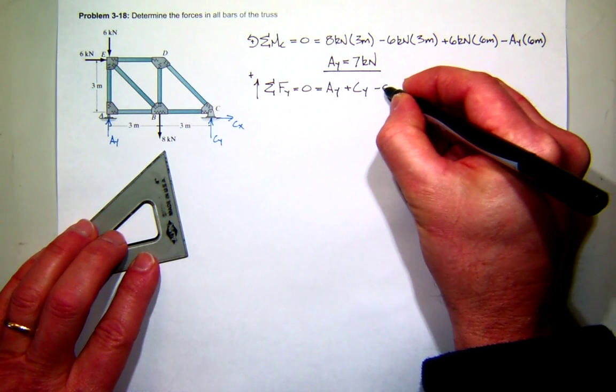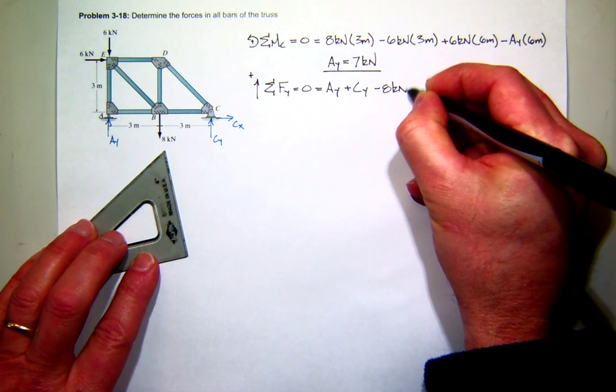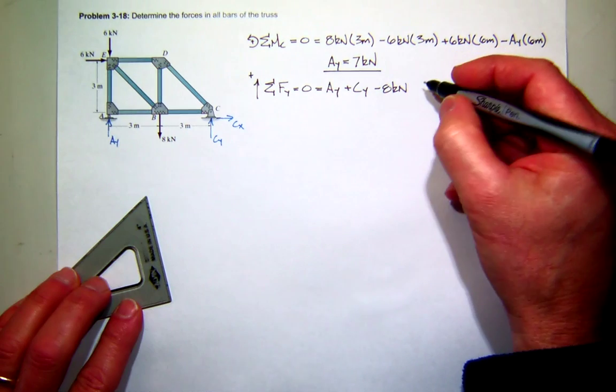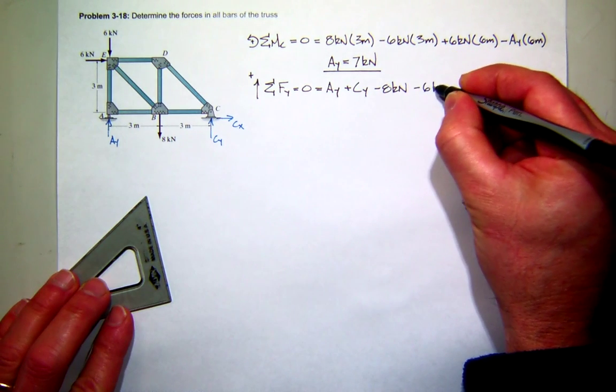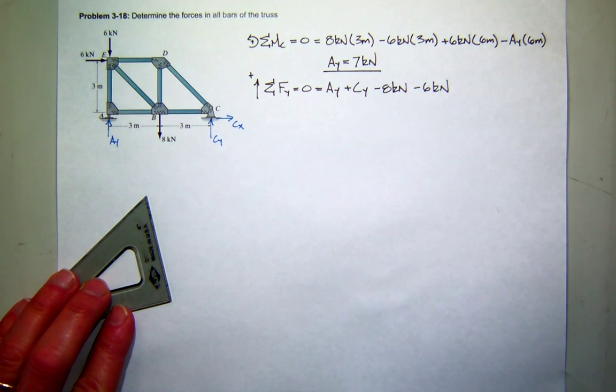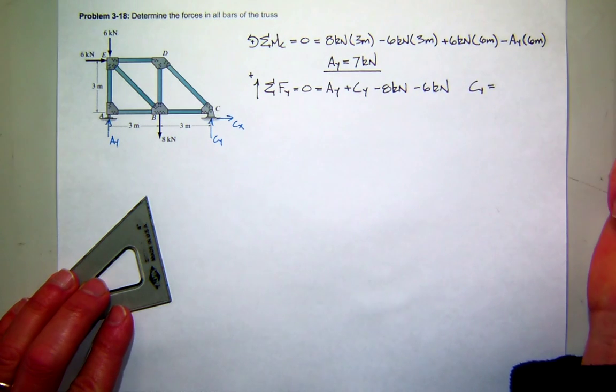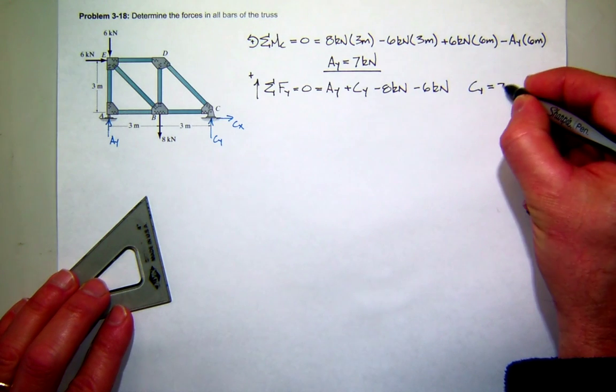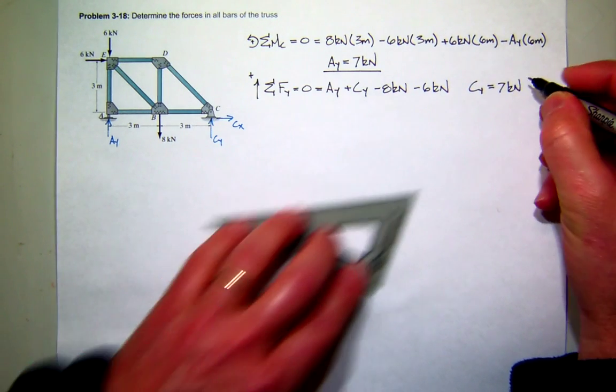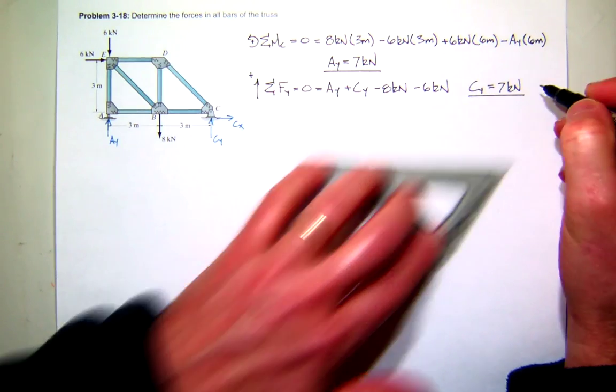I've got 1 8 kilonewton force at B and 1 at E. And that's it. So I should be able to find CY. What's that? 7? That's interesting. I wouldn't have expected that, but it is what it is.